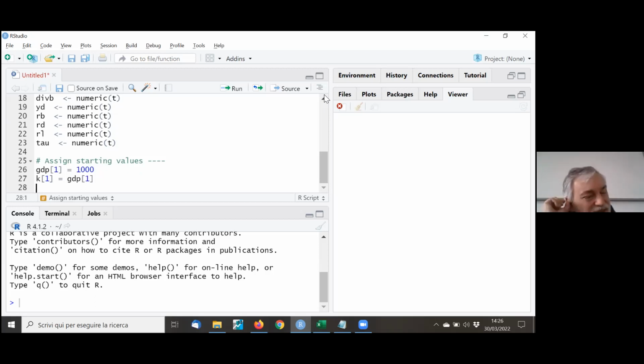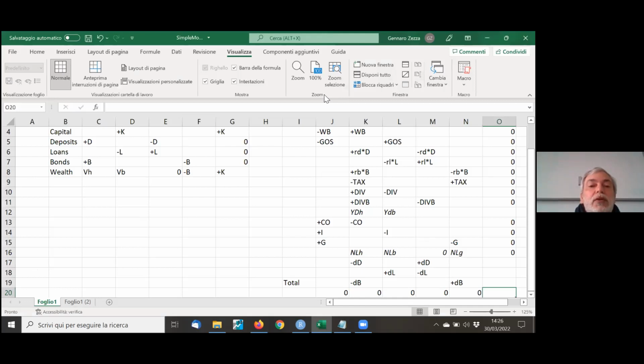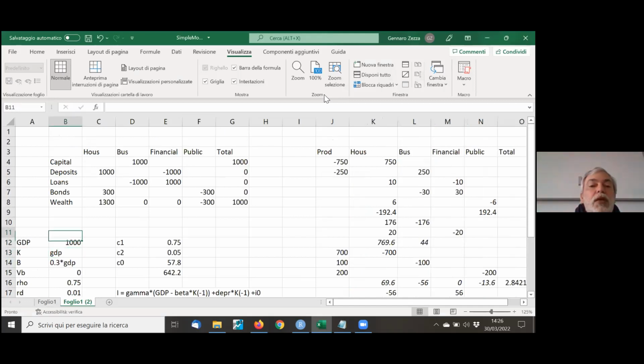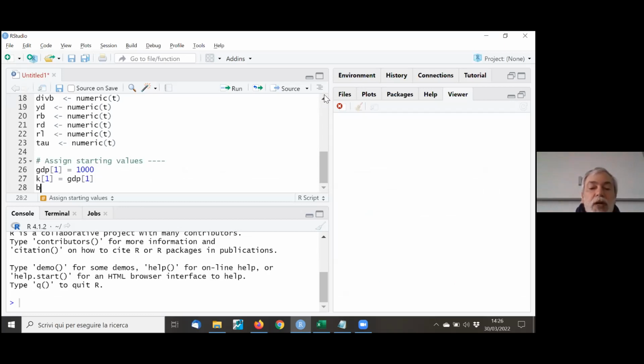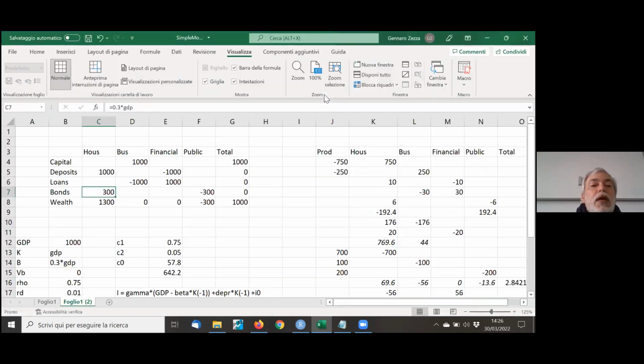Then what did we do next? Yeah, we said the bonds were 30% of GDP. So B1 equal to 30% of GDP1. Then what else?